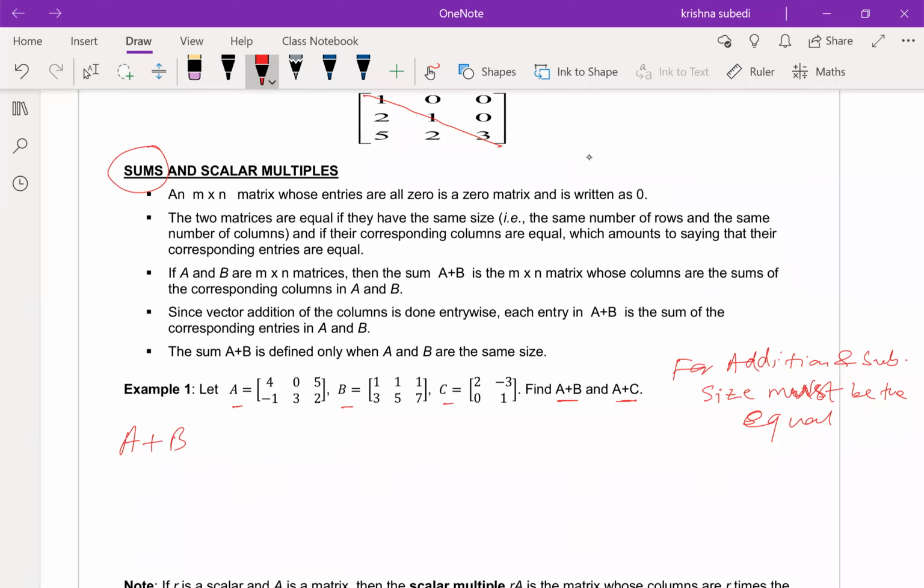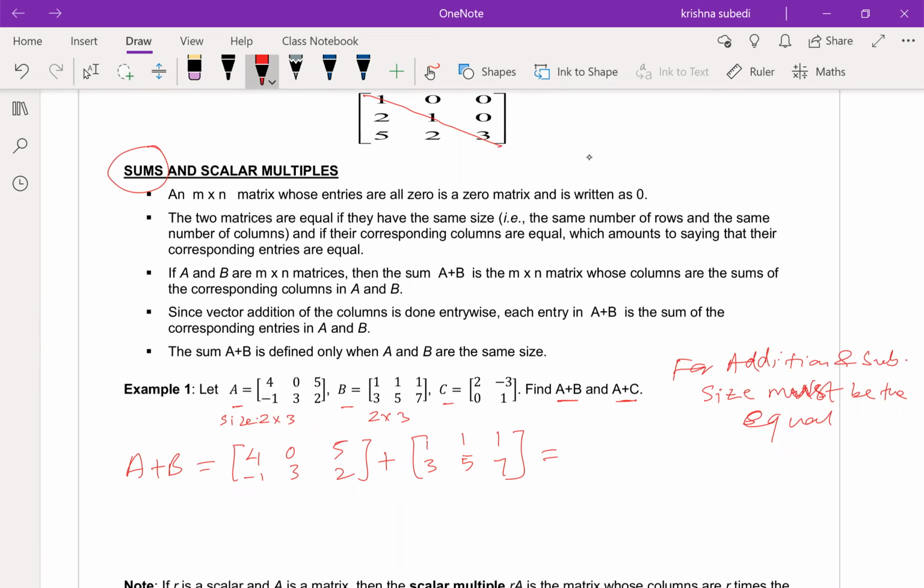A plus B. A is of size 2 by 3 and B is also of size 2 by 3. As you can see, the sizes are equal. They are the same size, so we can find the sum of A and B. A is 4, -1, 0, 3, 5, 2, plus B is 1, 3, 1, 5, and 1, 7. How do we find that?